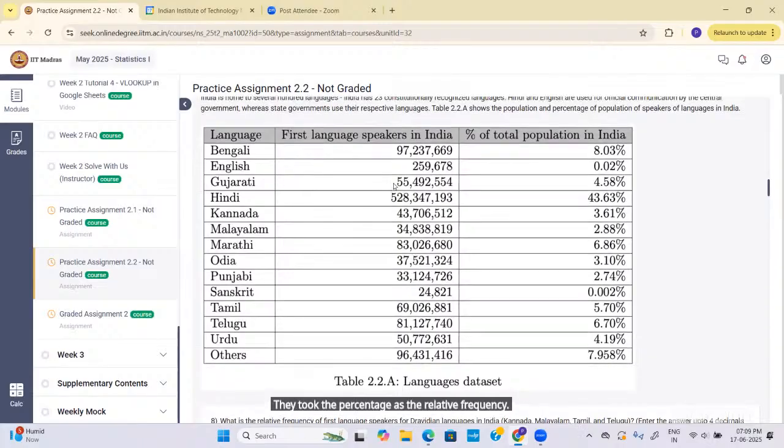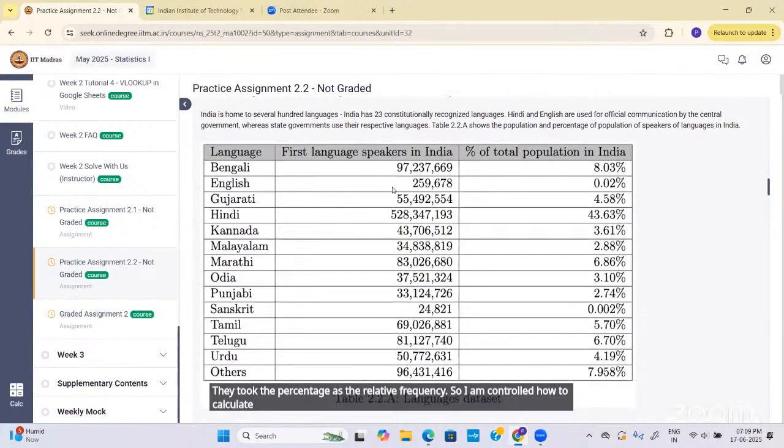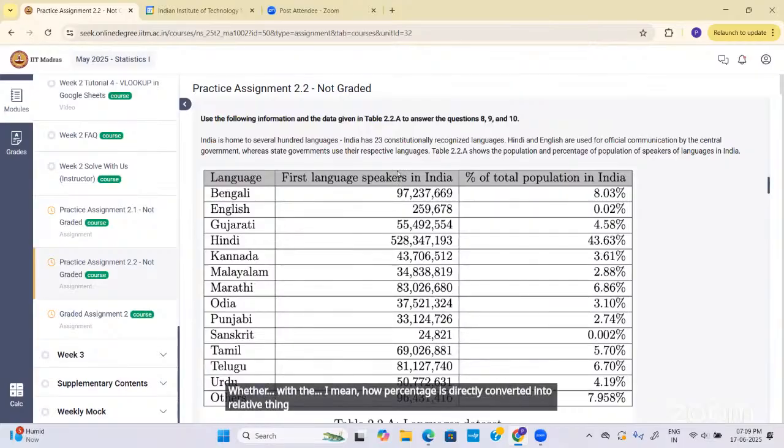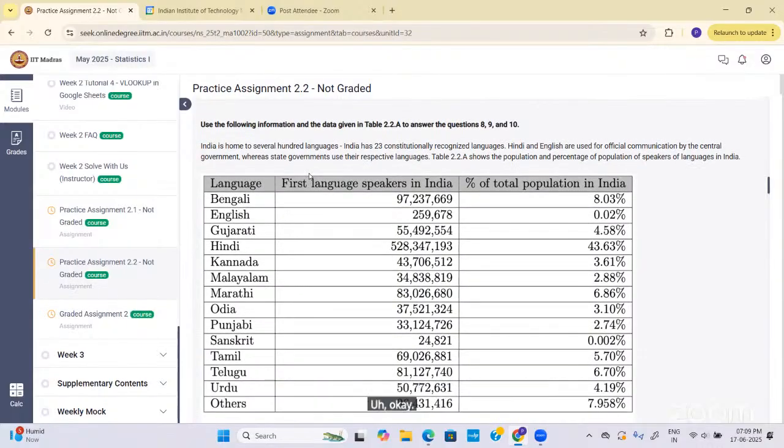I am confused how to calculate it. How is percentage directly converted into relative frequency, and how are they exchangeable?